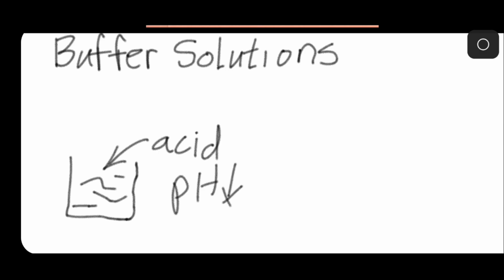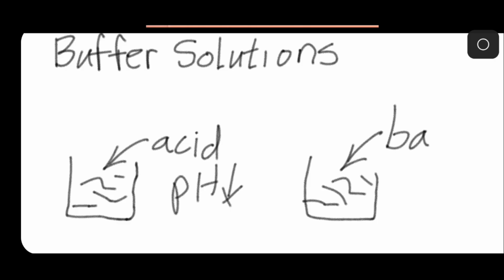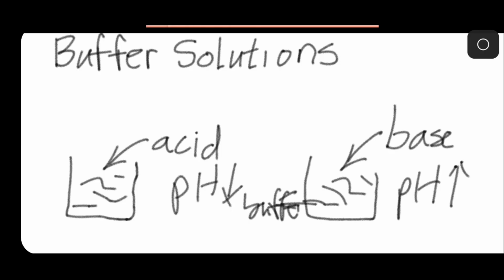And if you have a neutral substance such as water and you add a base, the pH would increase. Now, if this substance was a buffer, the pH would remain constant and would not change. That's all about what a buffer solution is.